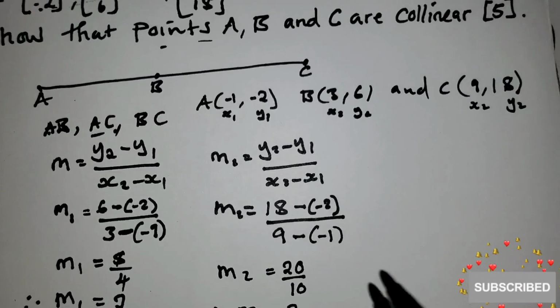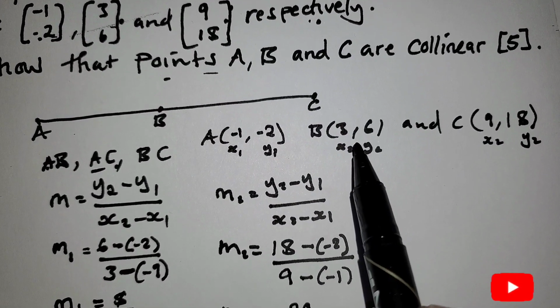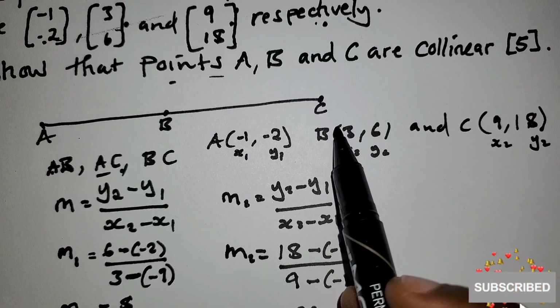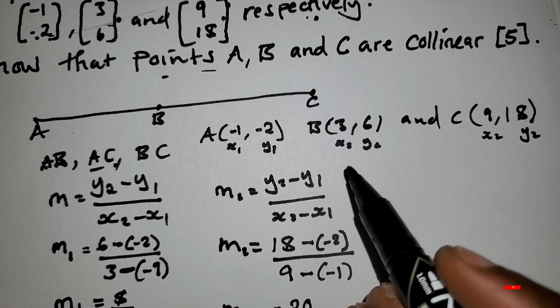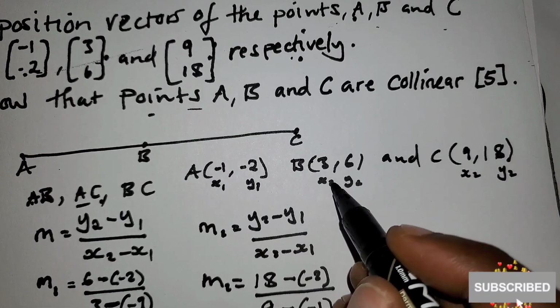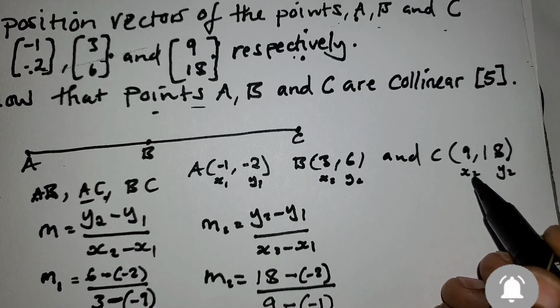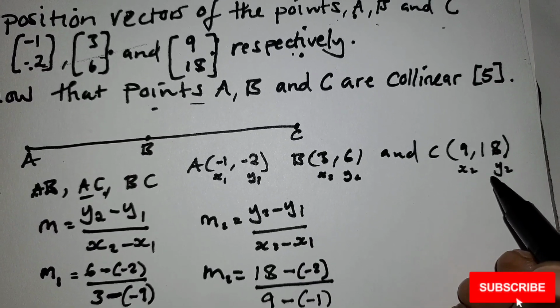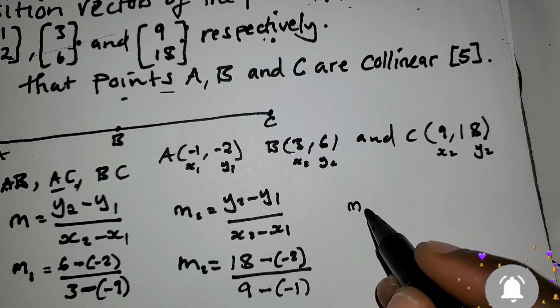So let's prove the last one, B and C. Considering B and C, this will be x1, y1, and this will be x2 and y2.